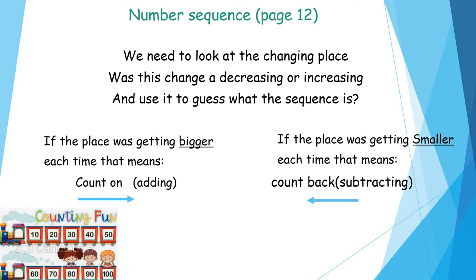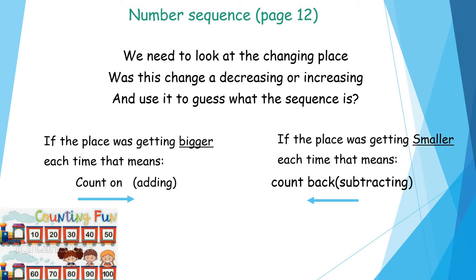So we are adding on just one place, and this change is what we're going to call an increase or decrease in the number. So is the number increasing, or is the number decreasing? Okay, what's the meaning of increasing? Increasing, getting bigger. Decreasing, it's getting smaller.